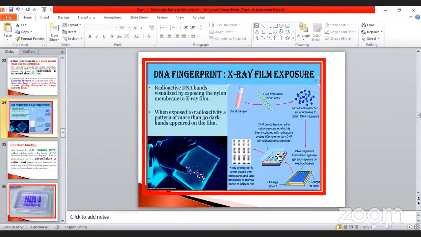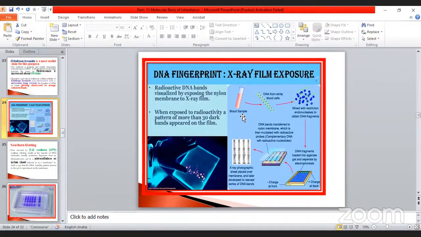After that, you will obtain the bands. Then X-ray with the help of ethidium bromide, the structure will look like this. This is the final stage. After ethidium bromide, you will get the cherry red color. So this is the entire process.